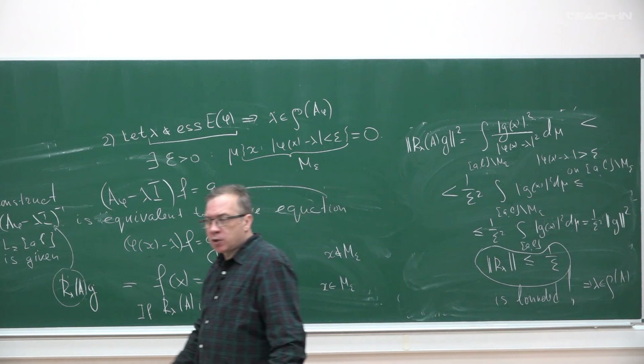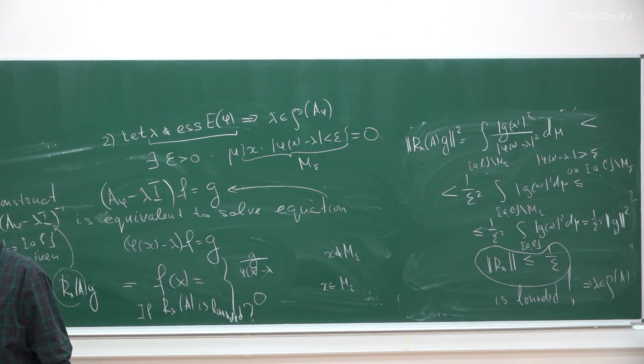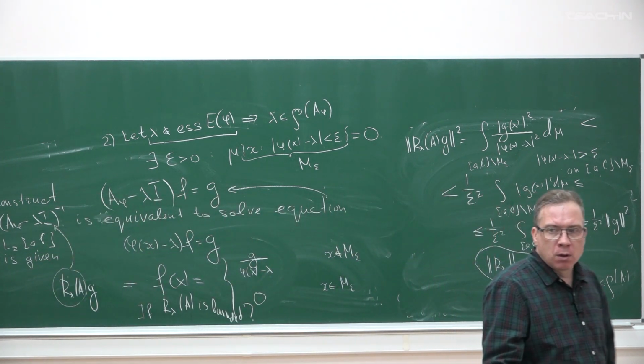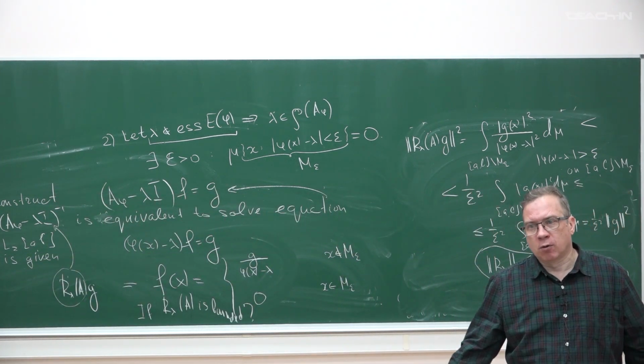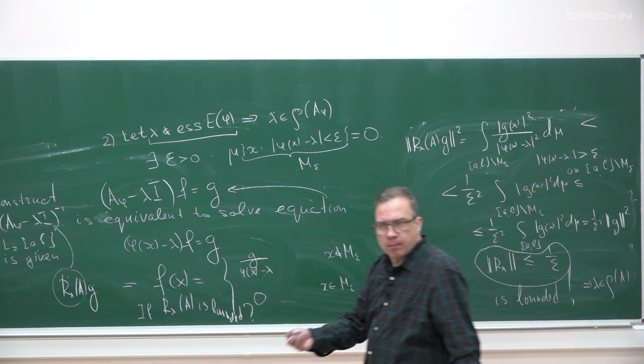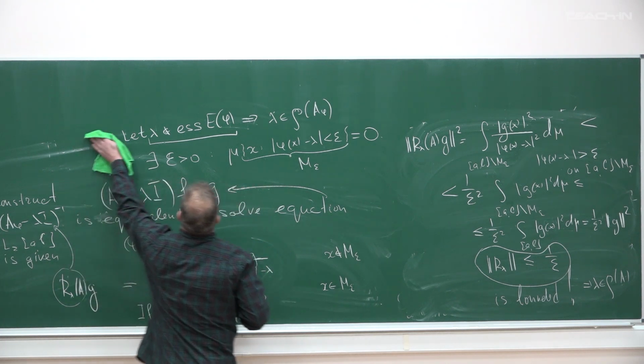And what we need to show is just the classification. I can again repeat that this operator is normal, so the residual spectrum is empty. So we just want to decide when lambda is from the point spectrum and when it is from the continuous. So we have only two parts of spectrum here. So, classification of spectrum.